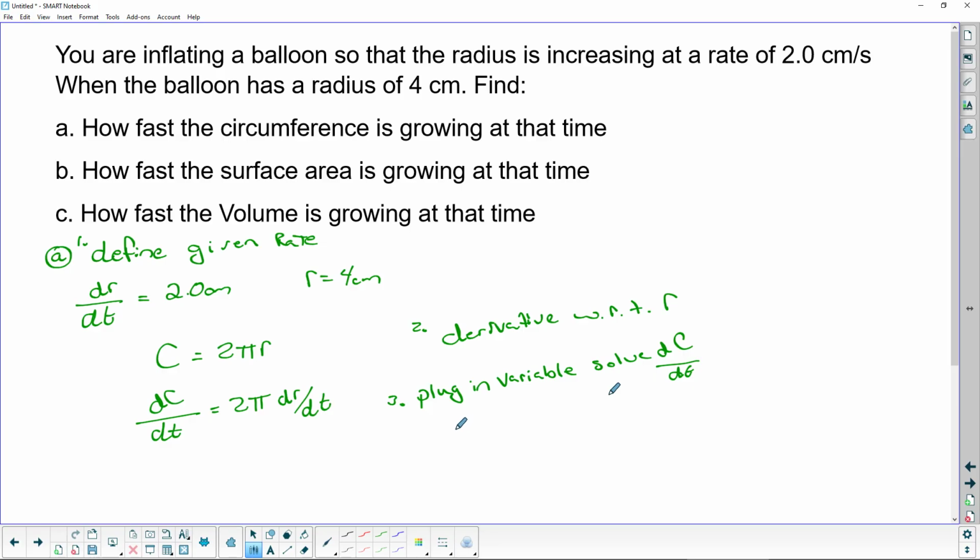Okay, so this would be dC/dt equals 2 pi times 2 centimeters a second. So our final answer is dC/dt equals 4 pi centimeters per second.